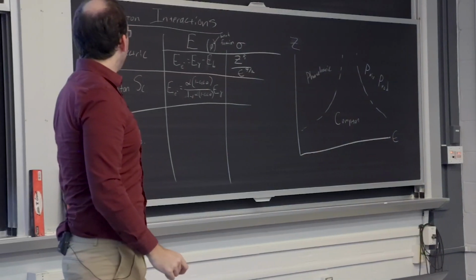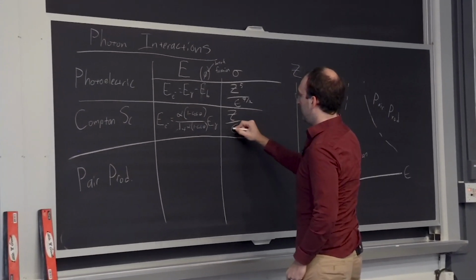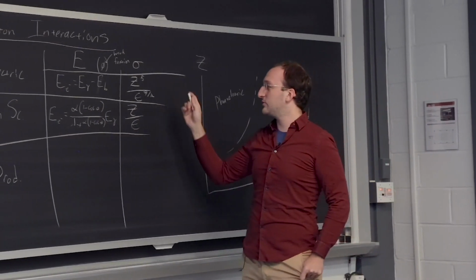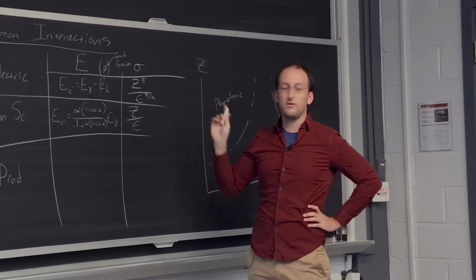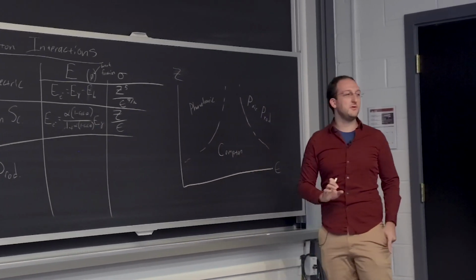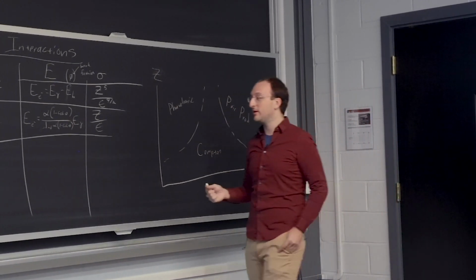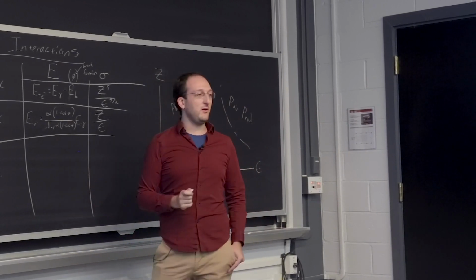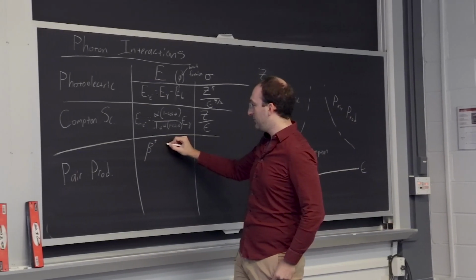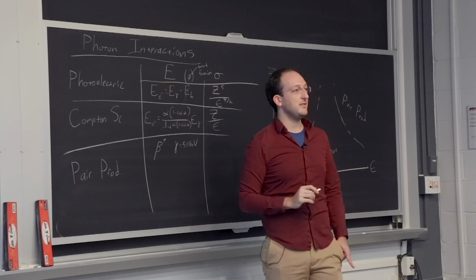Cool. And the cross-section for Compton scattering scaled something like Z over energy, something pretty simple. Not nearly as strong as pair production or the photoelectric effect, so you can think Compton scattering happens much more dominantly at low Z, or the other two don't really happen that much at low Z, whichever way you want to think of it. And for pair production, you get a whole mess of stuff. You get positrons coming out, you get a bunch of 511 keV gamma rays and all sorts of other things you can detect.